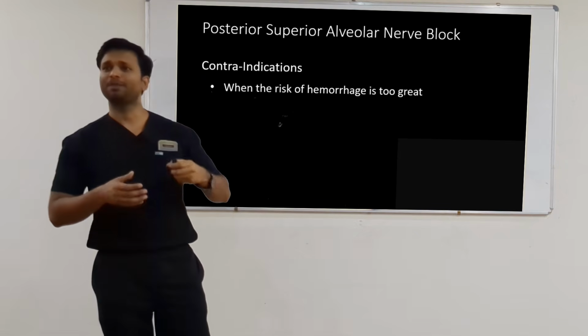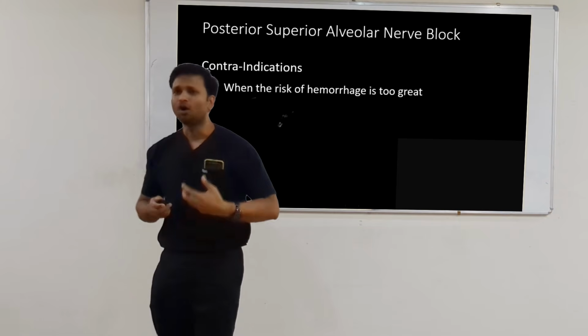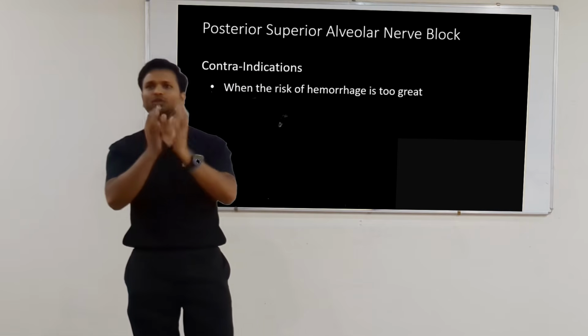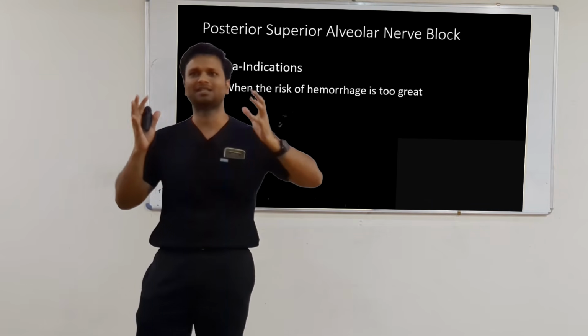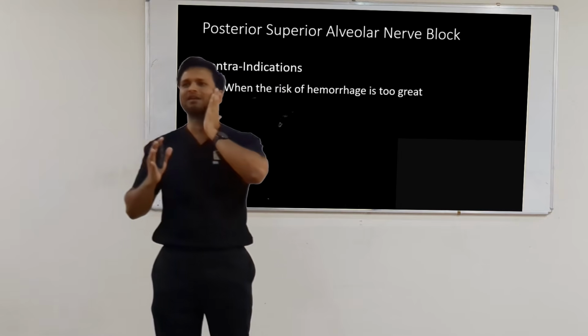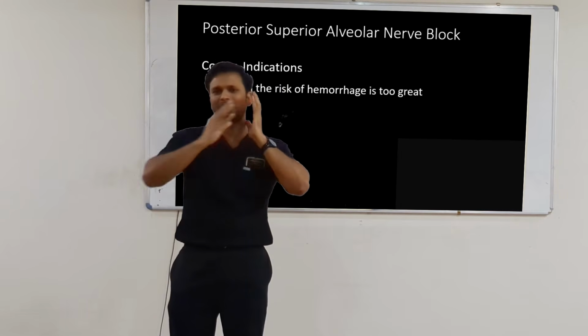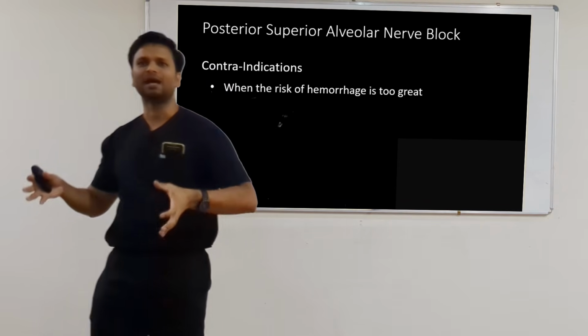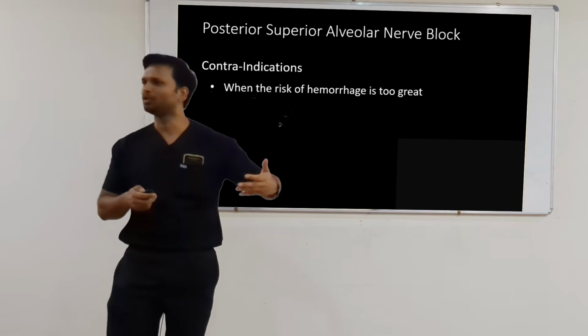But in patients who have bleeding disorders or are on anticoagulant therapy, the clot is not going to form, so that hematoma is going to keep on increasing in size. And laterally we have the bone, so the swelling will be seen intraorally, and that is going to cause obstruction of the airway, which is life-threatening to the patient.